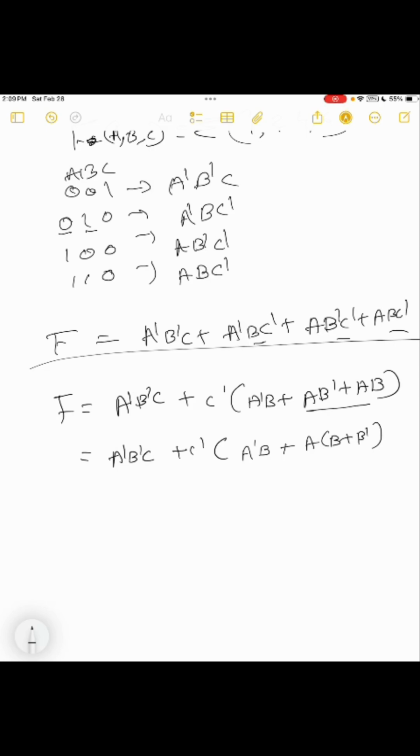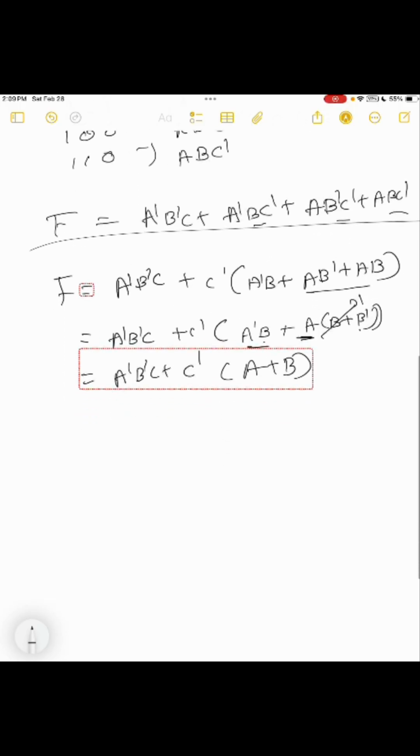B plus B dash is 1, and from the Boolean identity, A dash B plus A equals A plus B. So this is the correct standard SOP form.